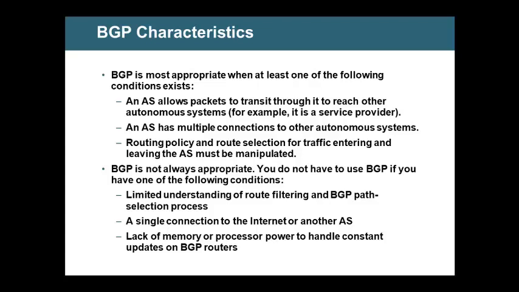For example, this is your company. This is your remote company. Here is the ISP. Now, ISP is also an autonomous system, isn't it? You are an autonomous system, I'll call 1. Your branch office is autonomous system 2. The ISP is autonomous system 100.